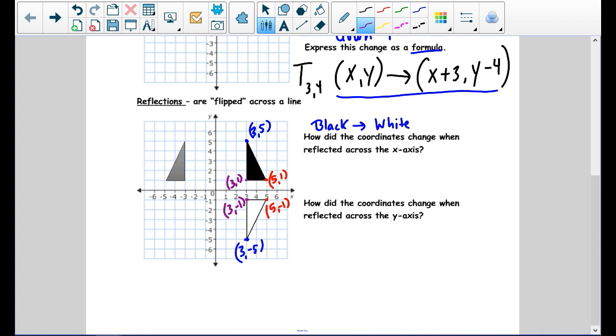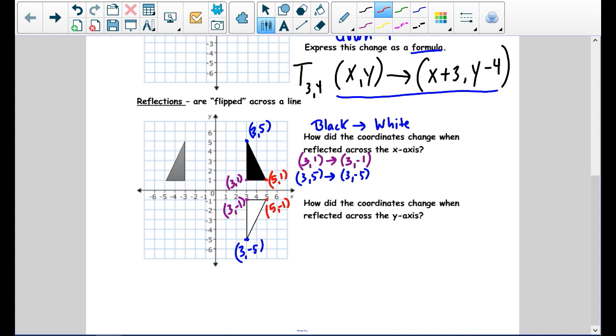Alright, so again, let's take a look at what happens on these points. So my original point was 3, 1. My new point, after the reflection, is 3, negative 1. The blue points then are 3, 5 for my original, and my reflected shape is 3, negative 5.